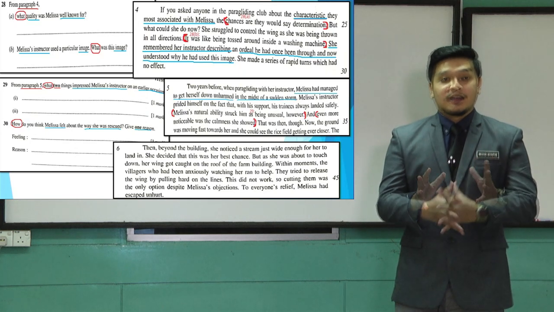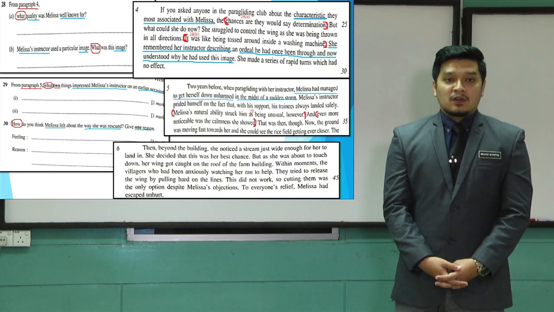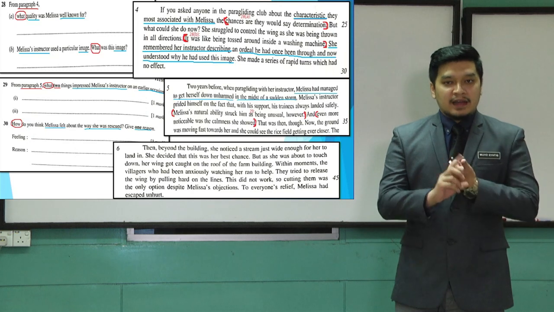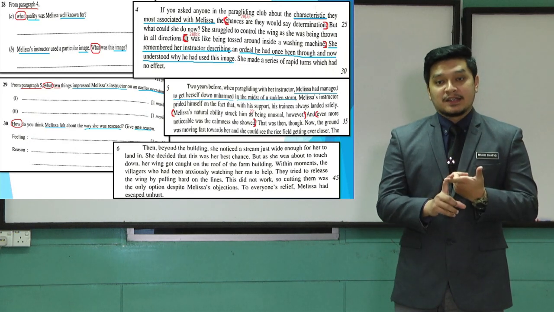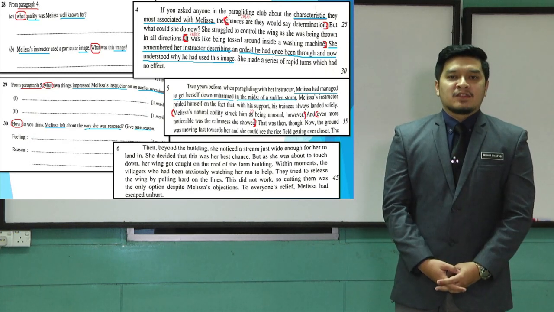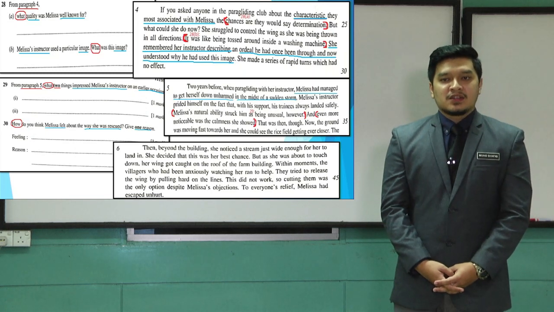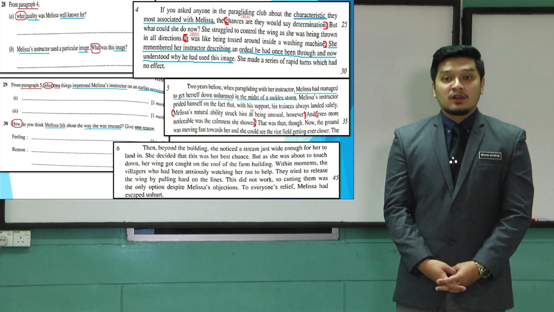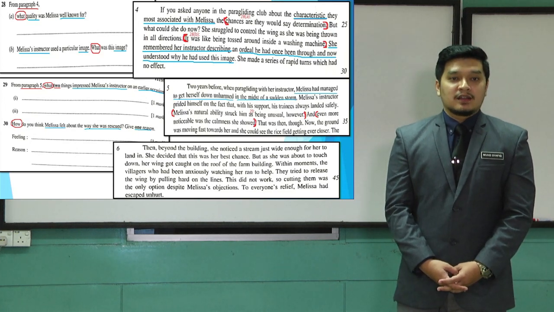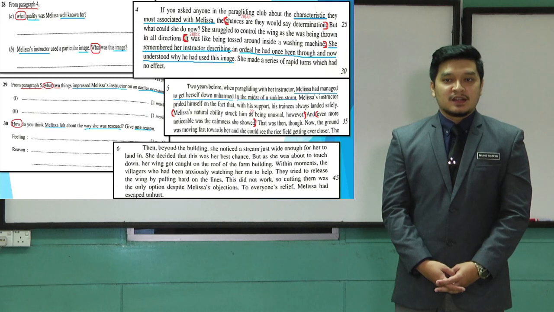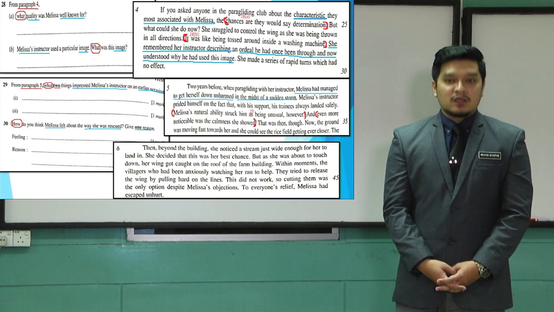So let's look for an adjective that describes Melissa. In this line, there is only one word that is describing something, and the word is determination. So quickly we can know that that is the answer. So you just write there in the answer space, the quality was determination.